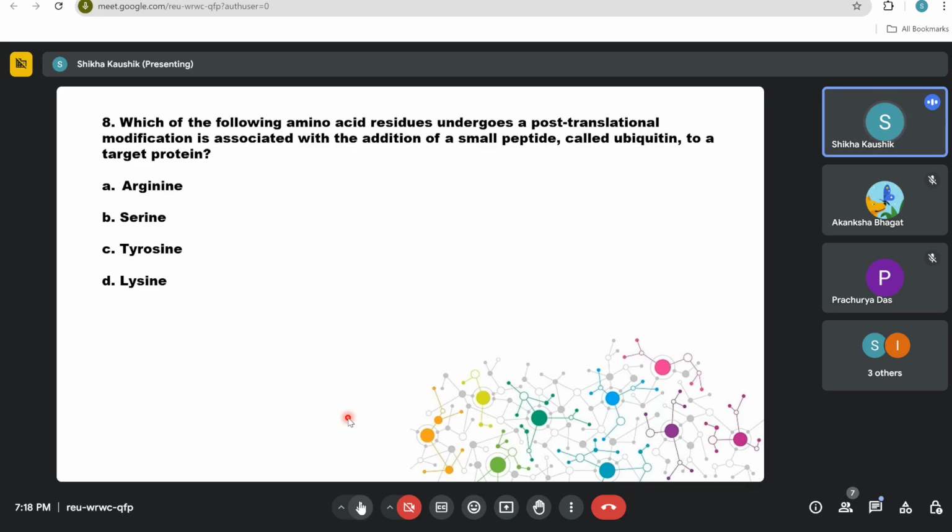Ubiquitin also acts on this particular residue. Whenever ubiquitin binds to your protein, it binds to this particular amino acid residue only. Any guesses? Akanksha? Anyone else?